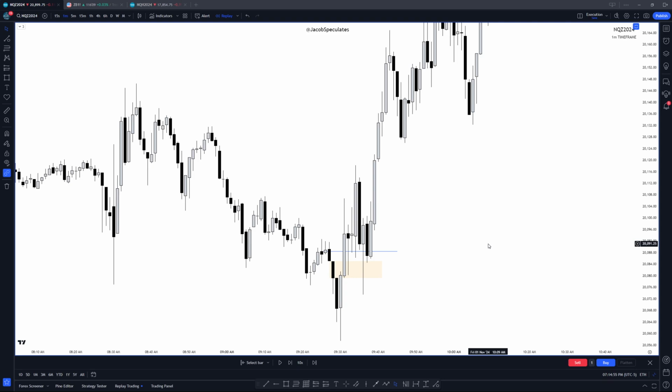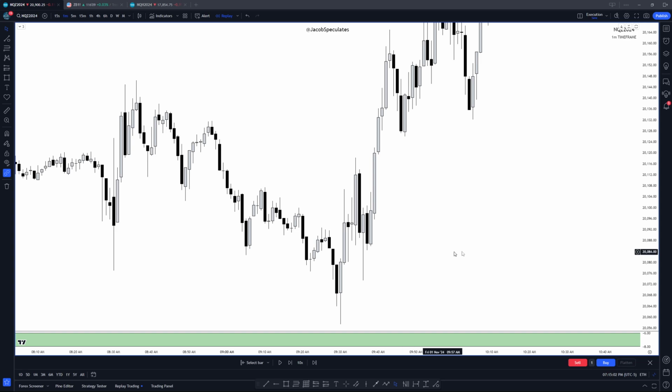Can you talk more about certain cycle SMTs for certain red folders? Ooh, that's a good one. So yes, this has been a theory for a while.